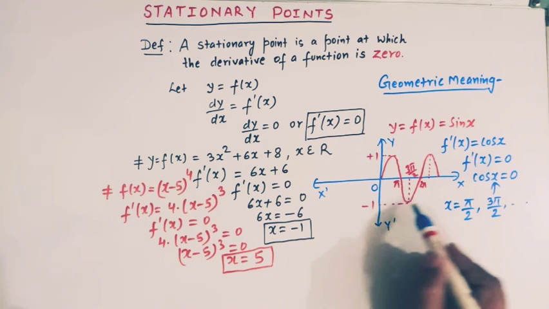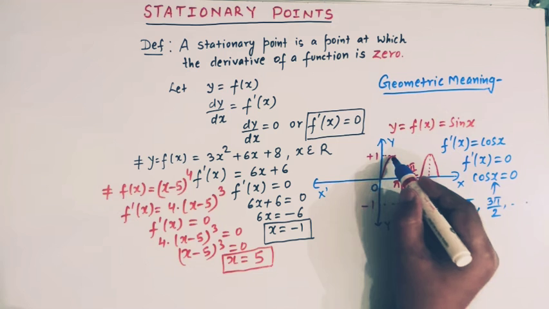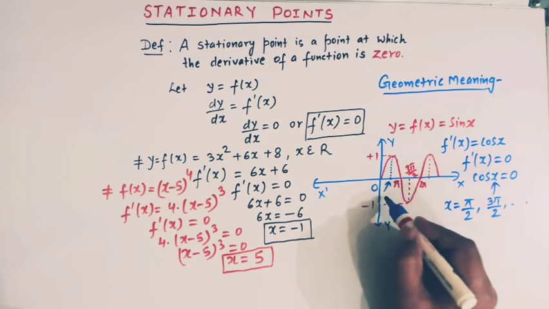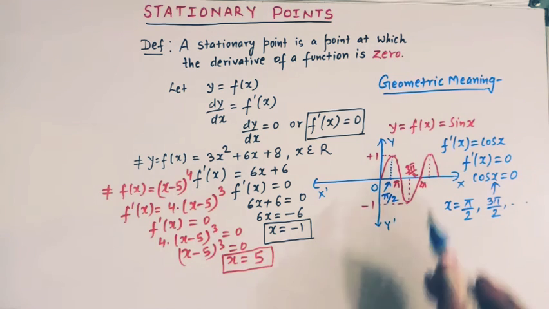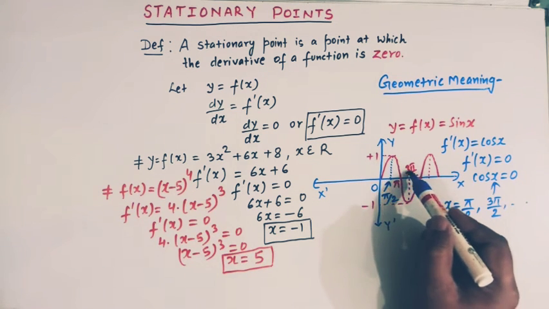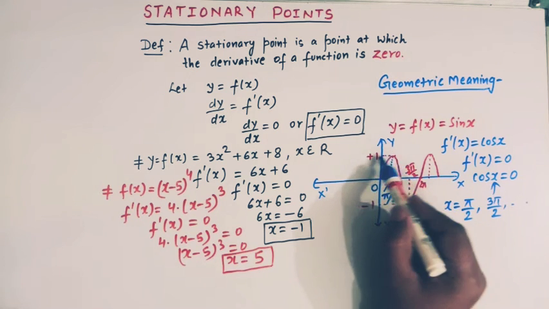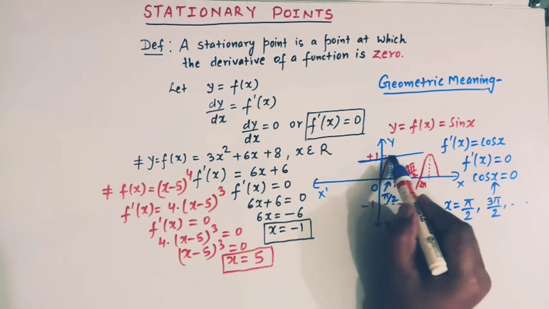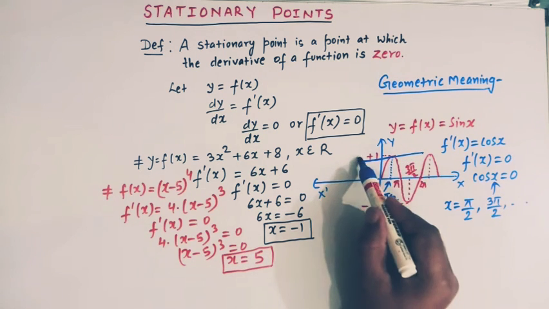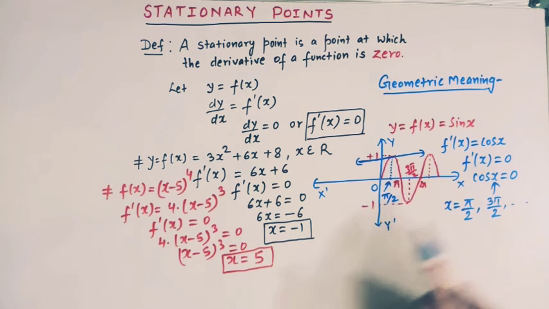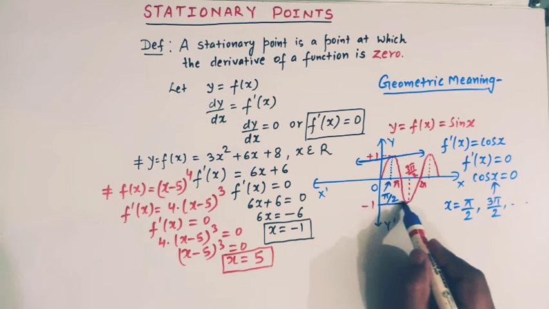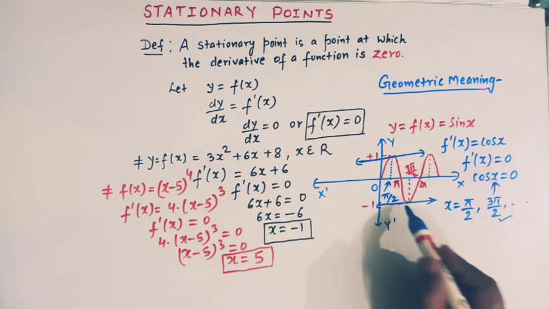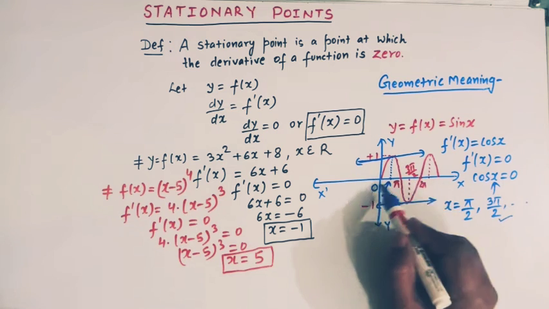So here we see that this point is pi by 2, and this point is 3 pi by 2, and if we draw the tangent at this point, then this tangent is parallel to the x-axis. Similarly, the tangent at x equal to 3 pi by 2 is parallel to the x-axis.